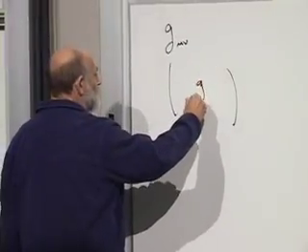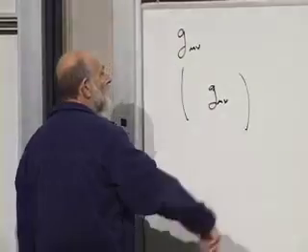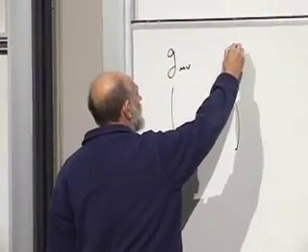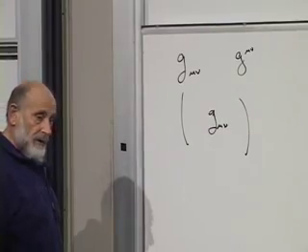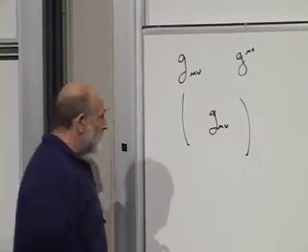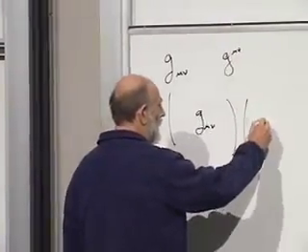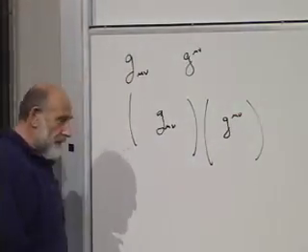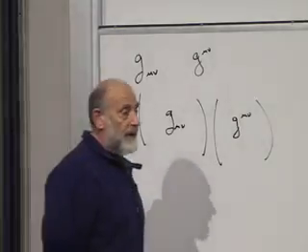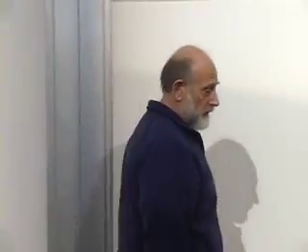This matrix is G mu nu, and G mu nu with upper indices is also a matrix of entries with upper indices. But the matrix with upper indices is simply defined as the inverse of the matrix with lower indices.